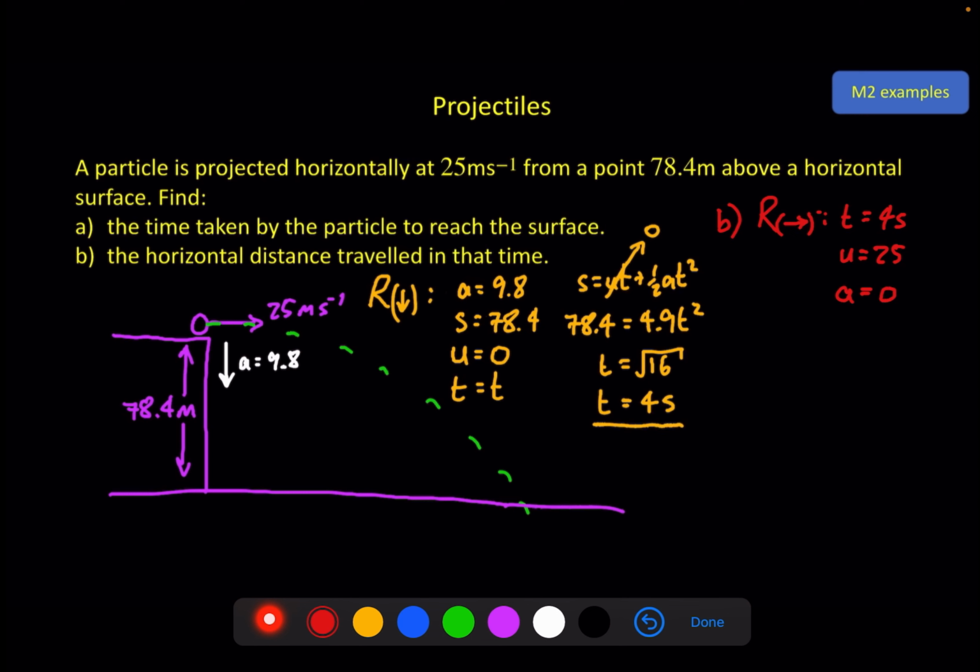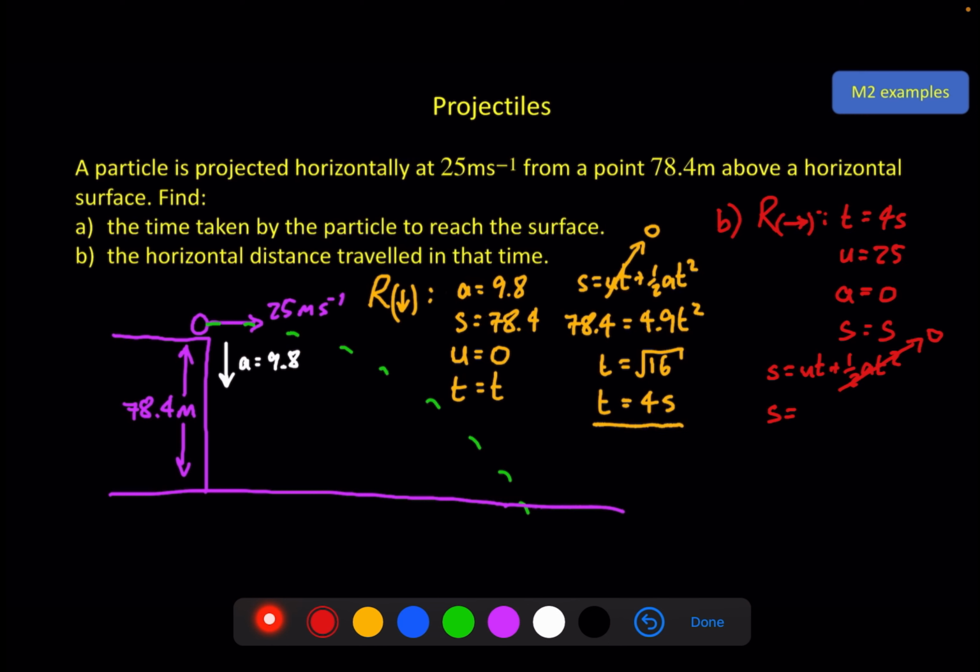And the question wants the distance travelled in that time, so the displacement s, we could say, is equal to s. Then our formula, same one, s equals ut plus a half a t squared, and you can see how this makes it easier having the acceleration as 0, because if a is 0, this whole term here is 0. And we fall back onto the old favourite, distance equals velocity times time.